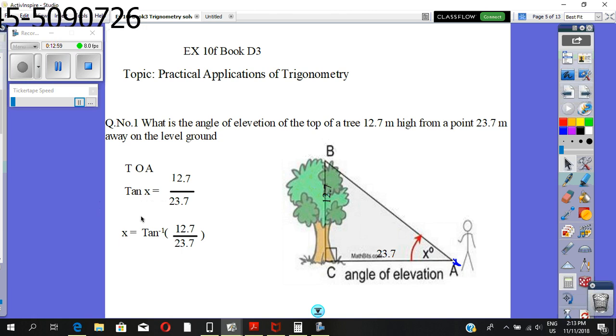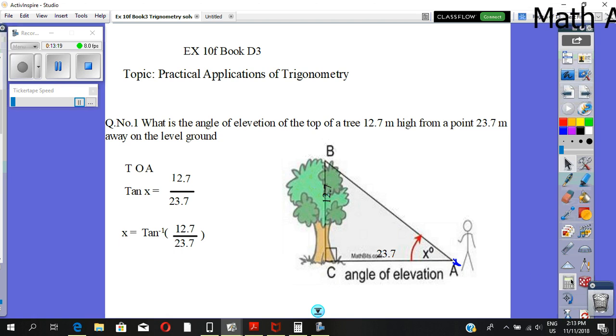Taking x on the left hand side, when we move tan from the left hand side to the right hand side, we take the tan inverse of the ratio 12.7 over 23.7.